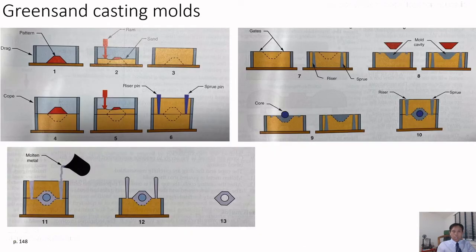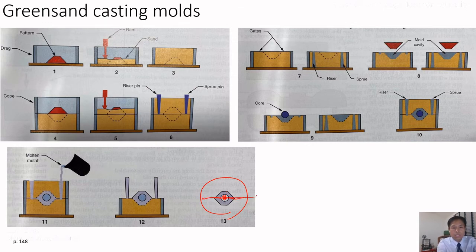These are the details of the green sand casting method. So first of all, let's just say this is our final product. Our goal is creating this product. All right. So the first process is making a pattern. So this is a half of our final product. So let's ignore the inside. The inside is tricky. So later we can look at the inside.